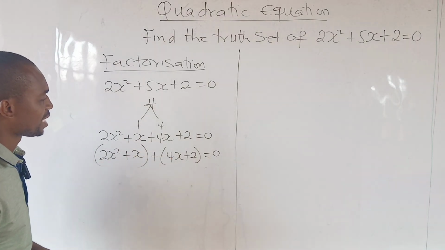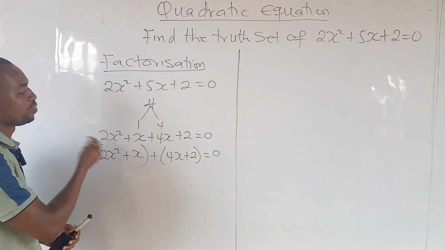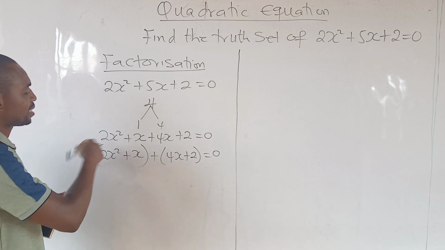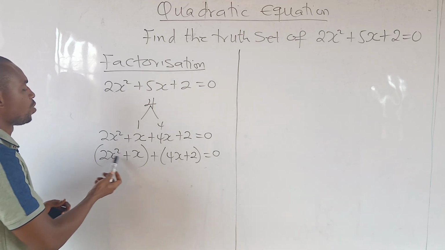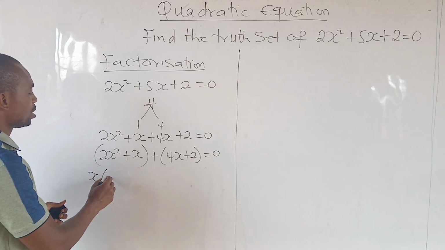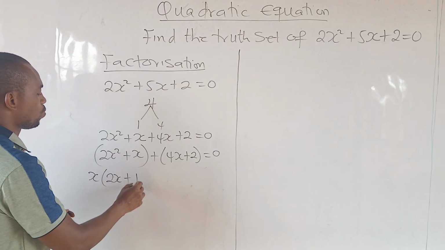The next thing is to look for the common terms here, common numbers or variables, then factor them out. So here you see that x is common. So you factor x out, leaving the 2 and another x, plus here now becomes 1.